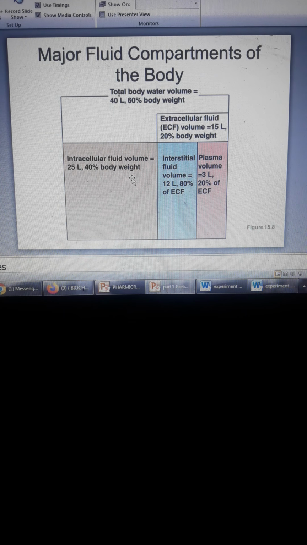Okay, next. When you say intracellular fluid, this is fluid found inside the cytoplasm. We have the interstitial fluid, which is found between the blood plasma and the intracellular fluid.